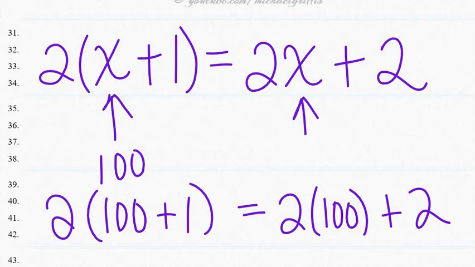So you'd have inside here 101 times 2, and then 2 times 100 plus 2. They should both be equal. And that'd just be 202 on the right and 202 on the left. Okay.